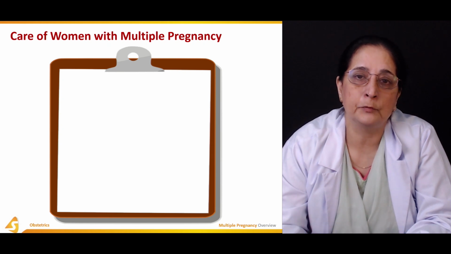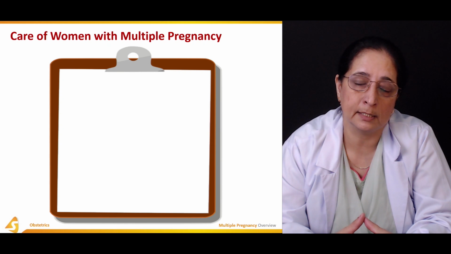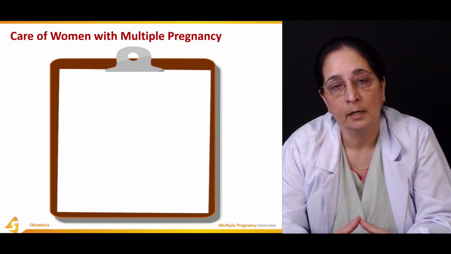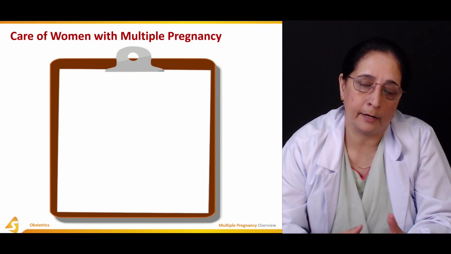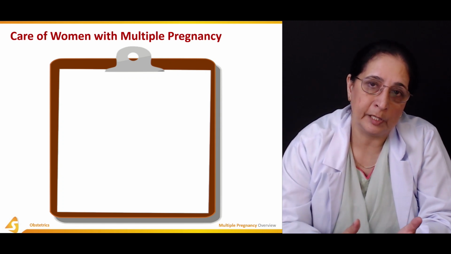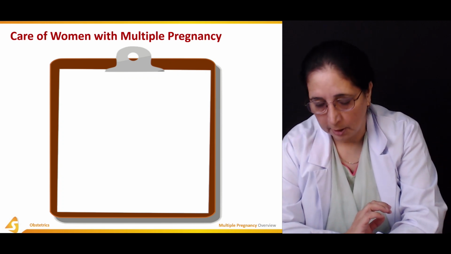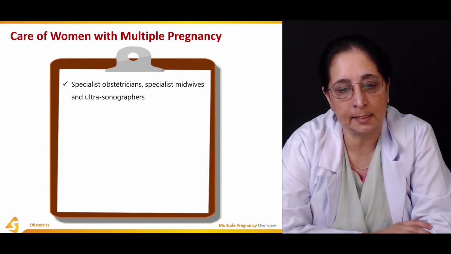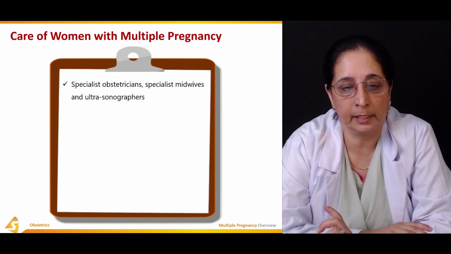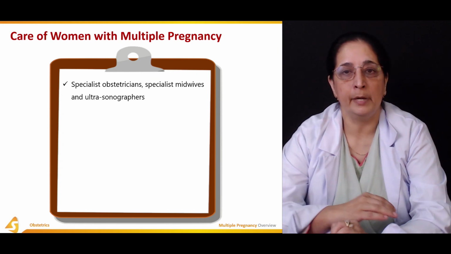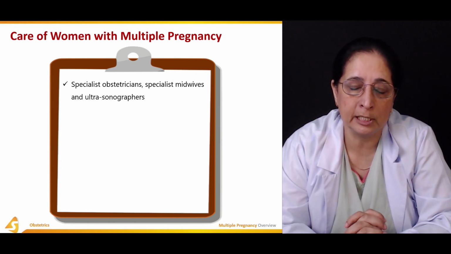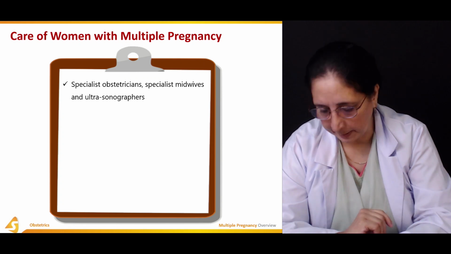If preterm delivery occurs, the fetuses are not fully mature, so they need special care after delivery and special management before delivery also. What are the important steps for the care of women with multiple pregnancy? Specialist obstetrician care is important. Special midwives and ultrasonographers are required.